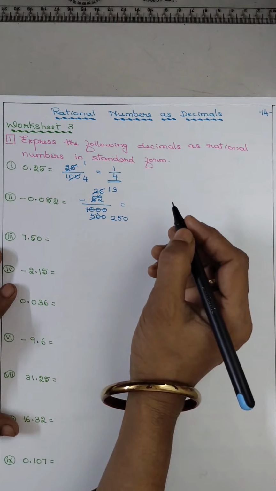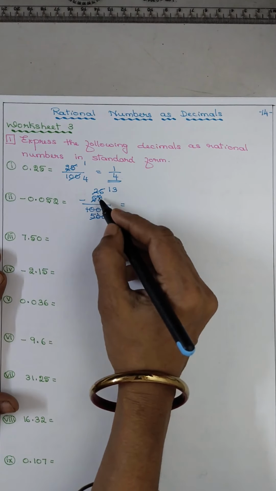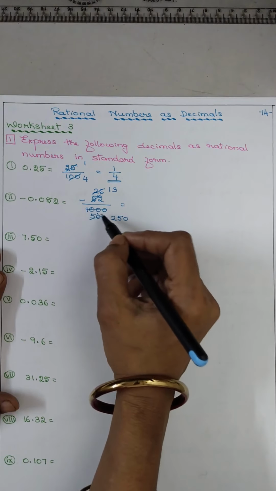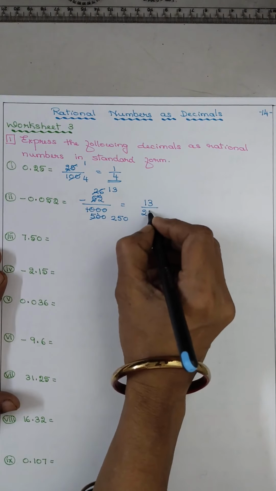We could also have done it directly with the table of 4. 4 1s are 4, 1 remains, 4 3s are 12, 4 25s are 100 and 0. So 13 by 250.